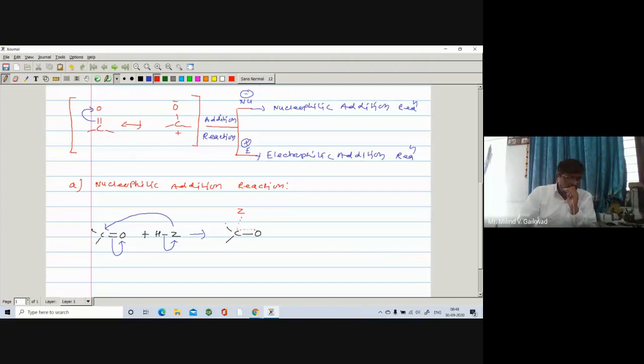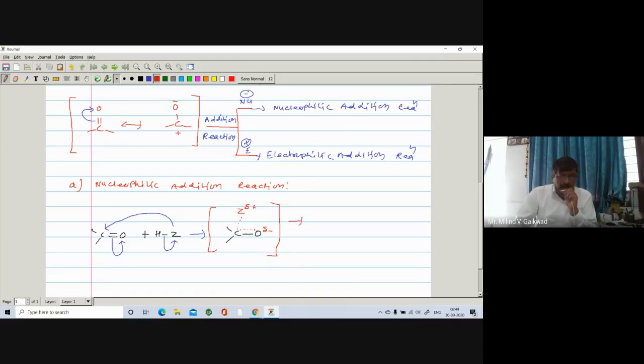So there is a formation of such type of transition state. As a result, as it breaks, this oxygen carries a partial negative and this Z also has a partial positive charge. So in this case, you get such type of a transition state.